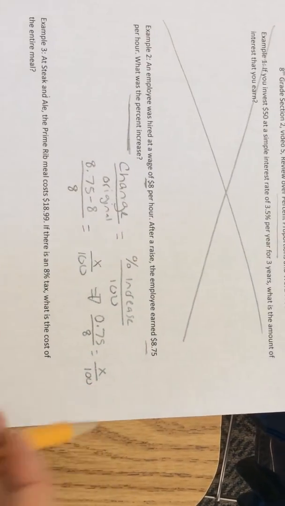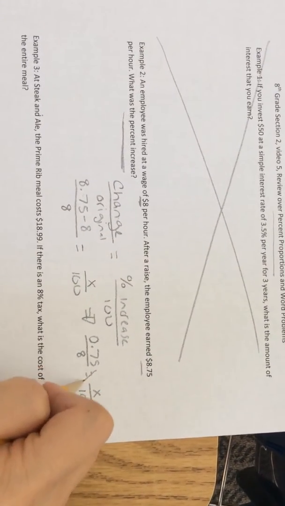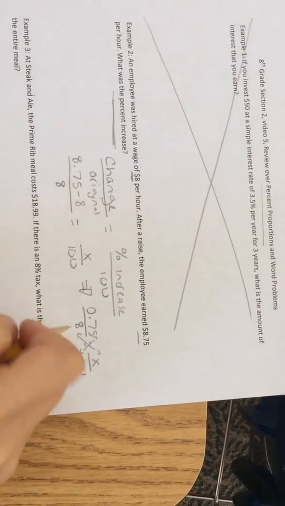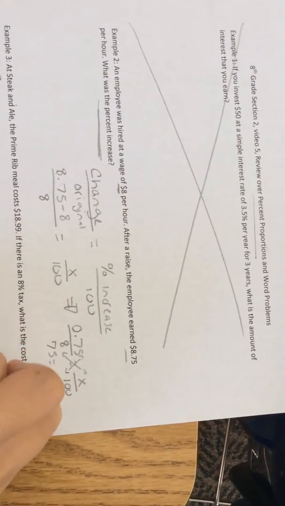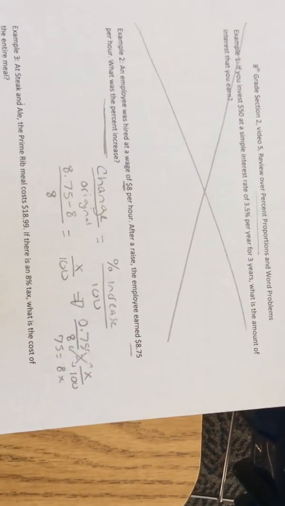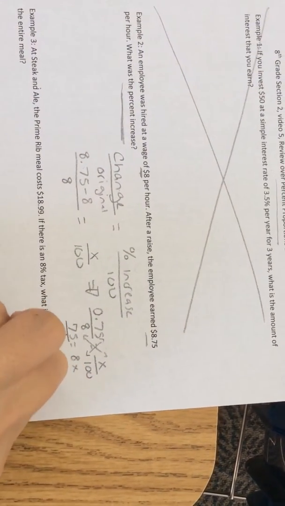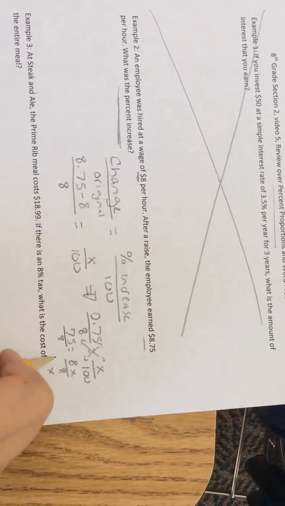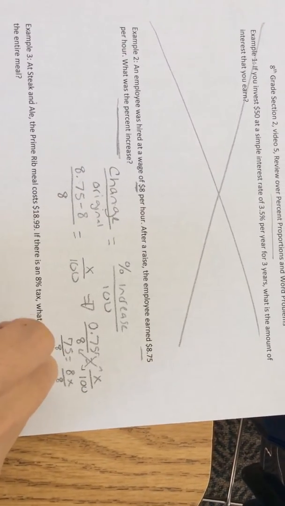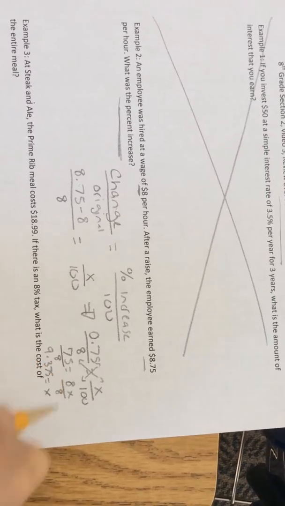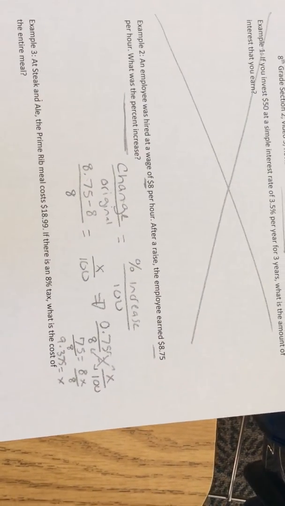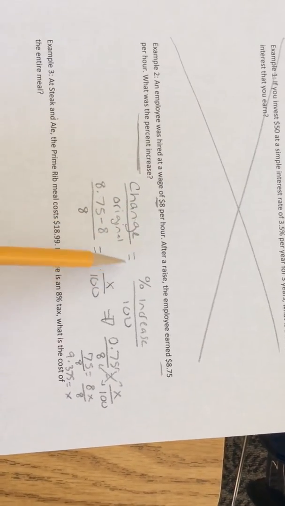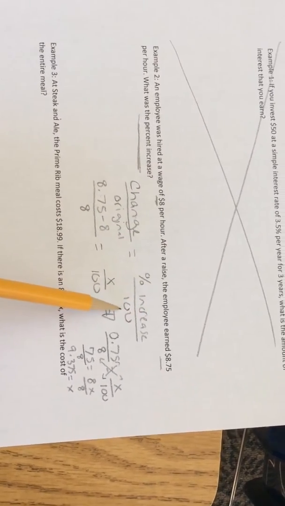Now, to solve this proportion, to solve for the percent increase, I'm going to cross multiply. When I cross multiply, I should get 75 is equal to 8x. To solve for x, divide both sides by 8, and I should get x is equal to 9.375. So once again, since it's a percent increase question, I use the proportion change over original is equal to percent increase over 100.